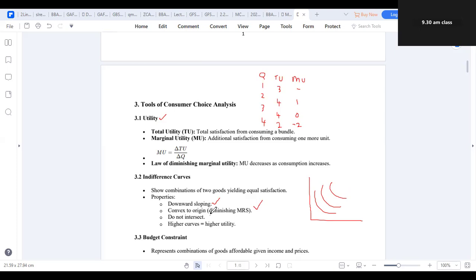Then they don't intersect. And the indifference curve on the far right is higher than the ones on the left. So indifference curve 3 is the highest, then indifference curve number 2, then indifference curve number 1. But the optimal bundle occurs when it touches the budget line. That is where our utility is maximized.